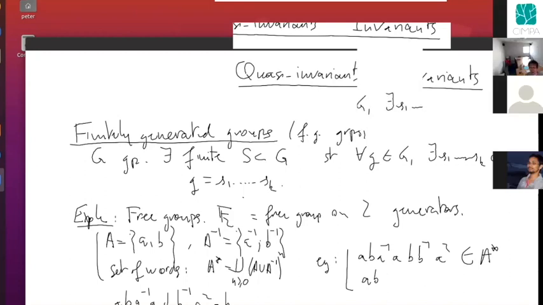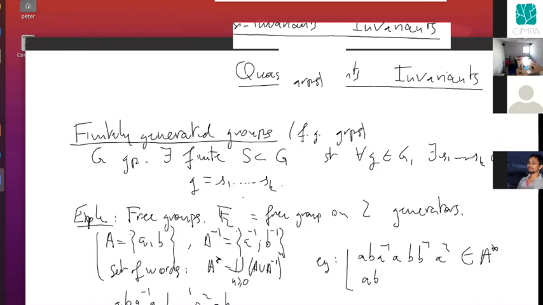And the same with A inverse. So here it was B inverse.